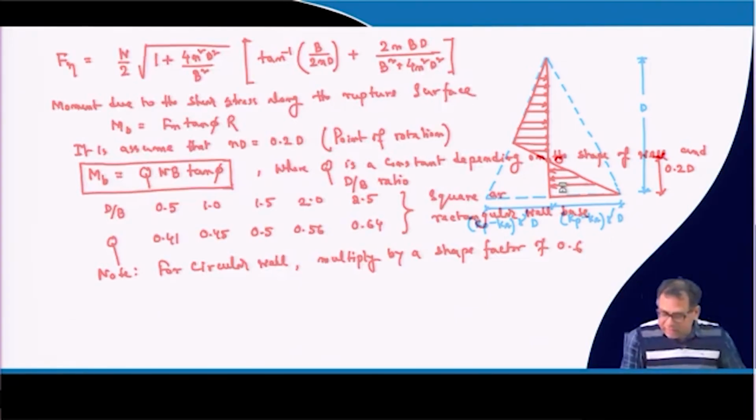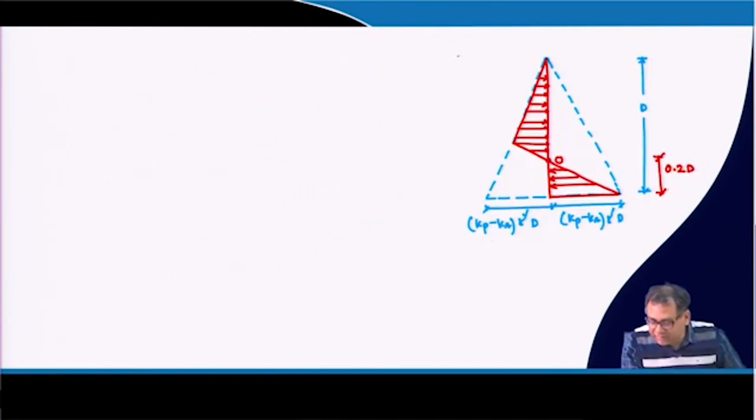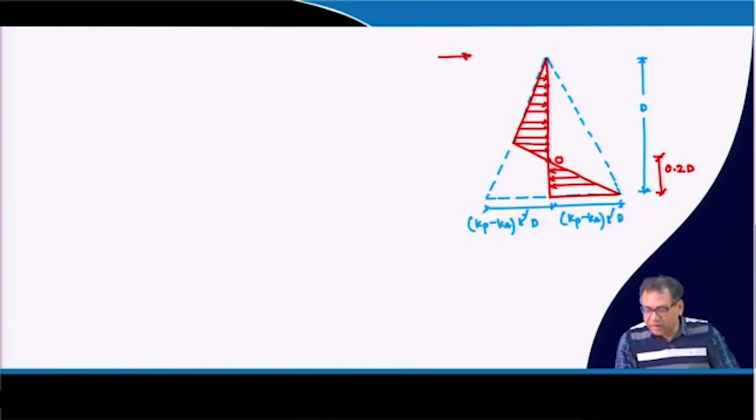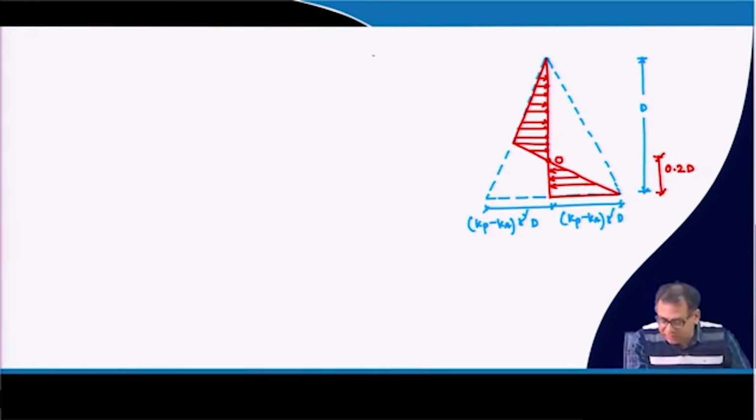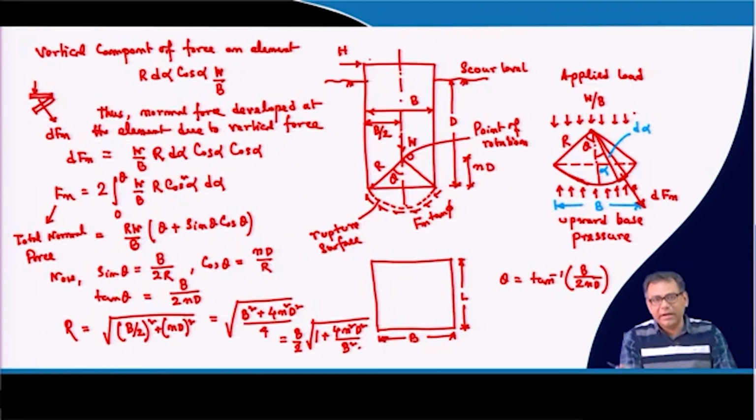For the well, obviously, if the horizontal force is acting in this direction, then this will be the distribution. The horizontal force can act in any direction. In this figure it acts from left to right, but it can be from right to left, so it is not a problem.